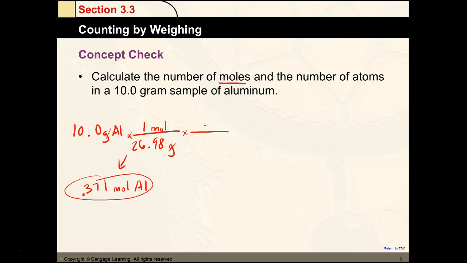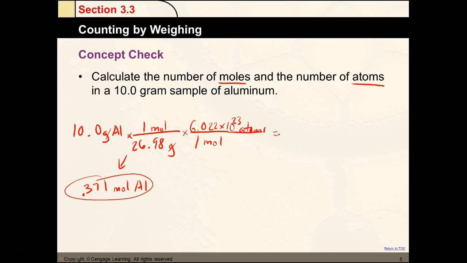I'm going to continue the calculation, however, because we also need to get the number of atoms. And this will be just like what we did on the last slide. Now, moles has to cancel out because we need to get to atoms. So we're going to put 1 mole. And since we need to get to atoms, we must use Avogadro's number, 6.022 times 10 to the 23rd atoms. Put our equal sign here.